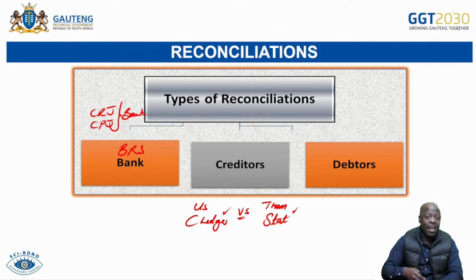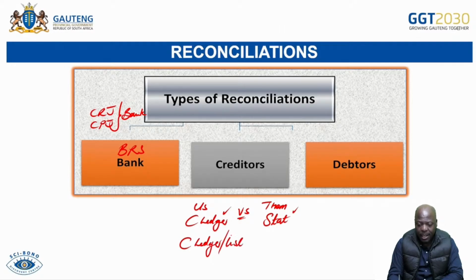And in this week, I promised last week that I was going to do one where we now have our creditors ledger. At times you can find it's written as the list. So I'm going to compare the creditors list versus the creditors control.